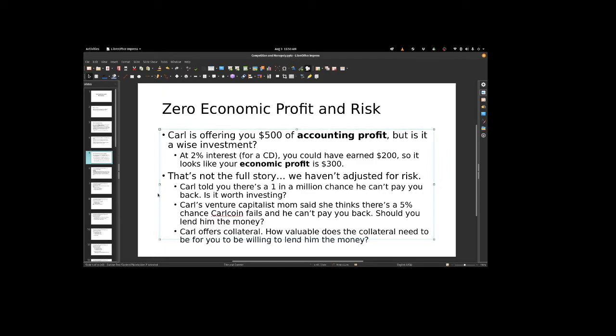The economic profit of this situation doesn't just mean we get 500 bucks benefits because that's the interest we're getting. We have to account for the fact we could have put the money somewhere else, and we've got some chance that Carl fails, right? So either we charge him a higher interest or we take some collateral to make this deal work.